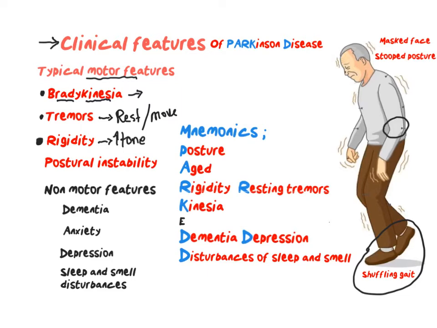So there is rigidity, and because of the increased tone or rigidity, the people in Parkinson disease will have masked face and stoop posture. Okay, they will have masked face and stoop posture. They also have flexion of elbow, wrist, or knee joints.